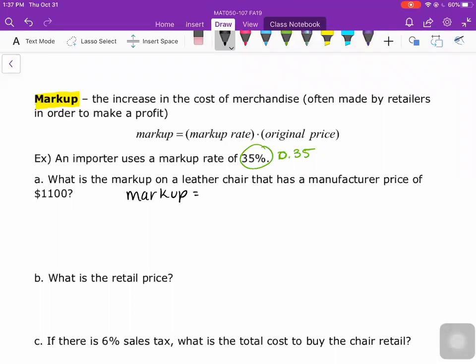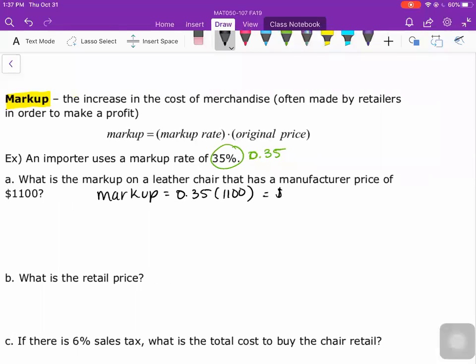So it's the markup rate times the original price of the chair, which was $1,100. Zaida, what was that? 385. Yes, 385.